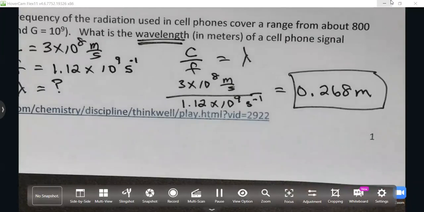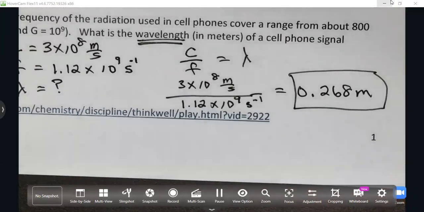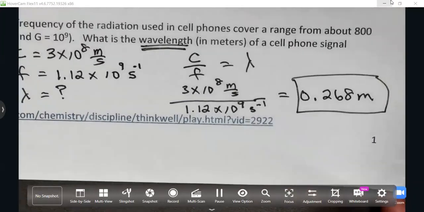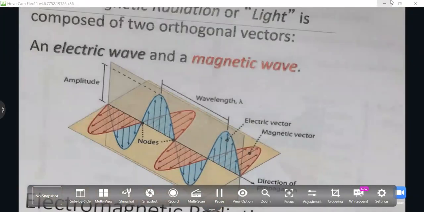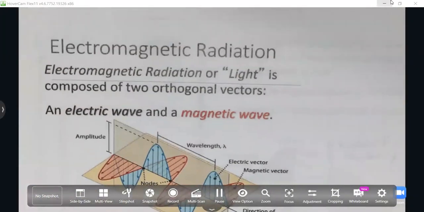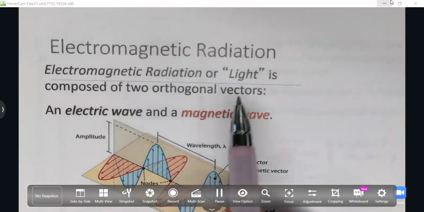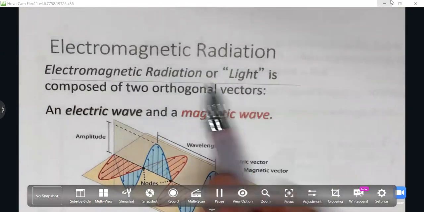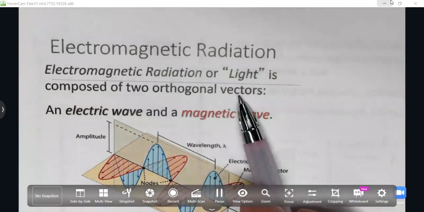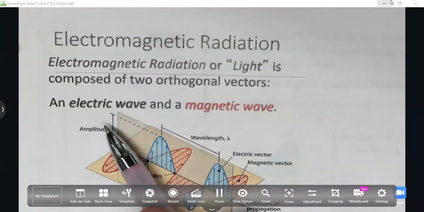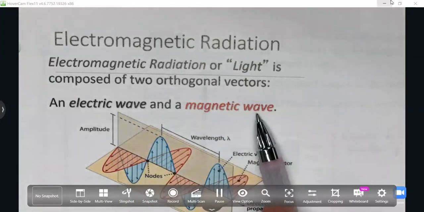Okay. Let's go to the next page. So we say that electromagnetic radiation or light is composed of two orthogonal vectors, an electric wave and a magnetic wave.